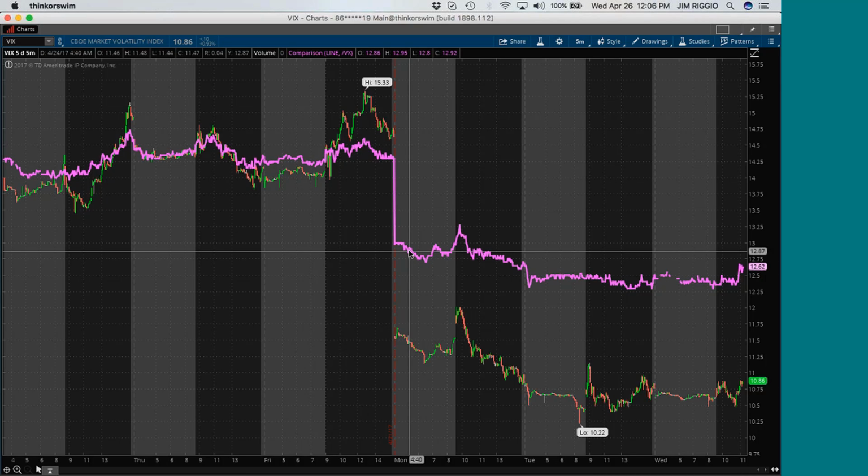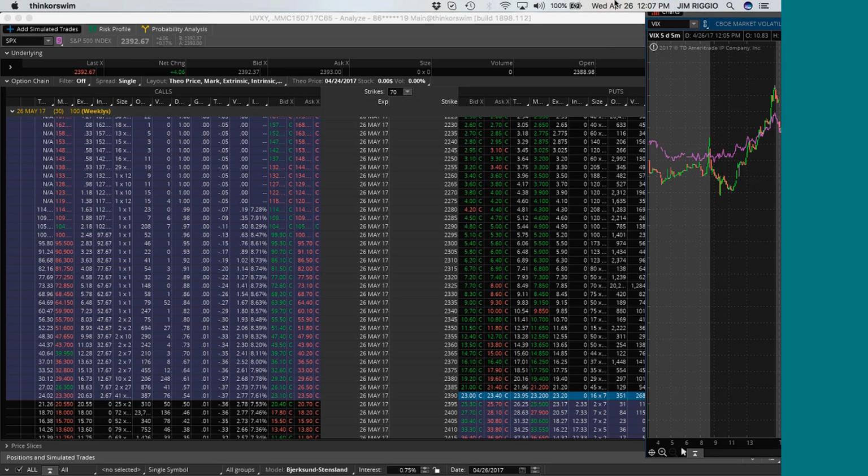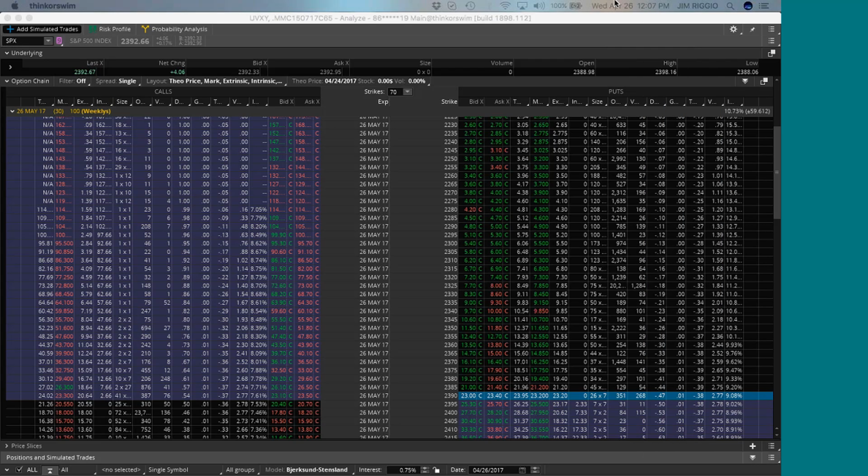The VIX will move quicker and have more noise in it than the VIX futures. And I want you to think about that for a second, okay? The VIX futures will have a lot less noise. Why is that? Because the VIX is calculated.